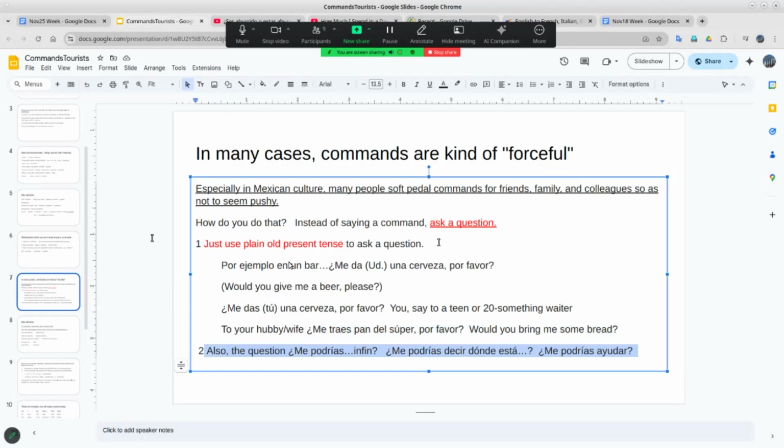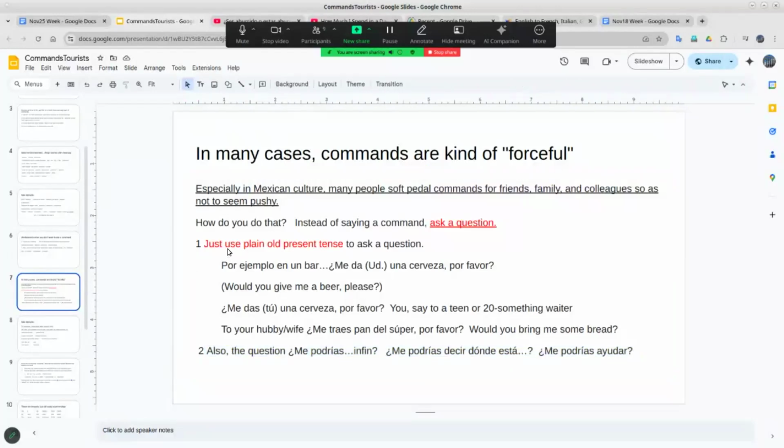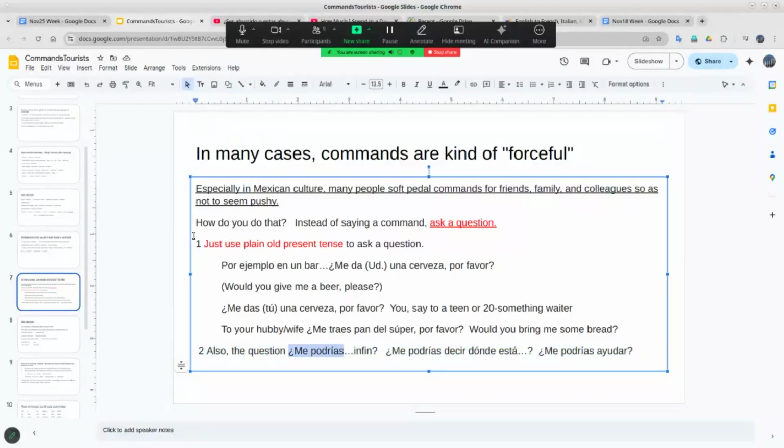Another way of giving a command, but super indirect. Everything on this screen is super indirect, not using an actual command, but it has the idea of doing a command, is to use this me podrías. Me podrías is what they call conditional tense. Conditional tense means would you do it? Could you do it?